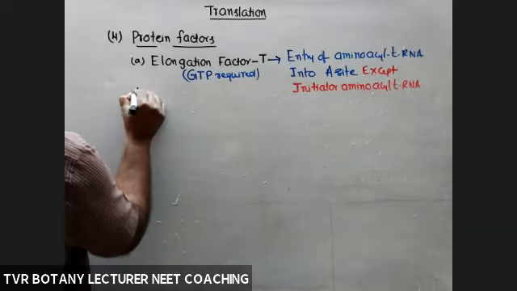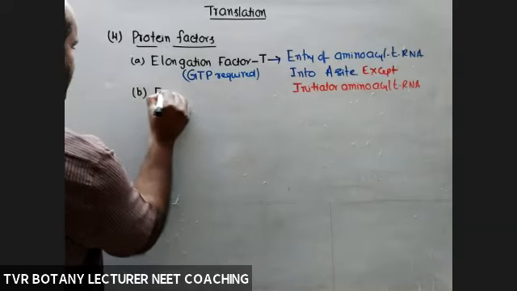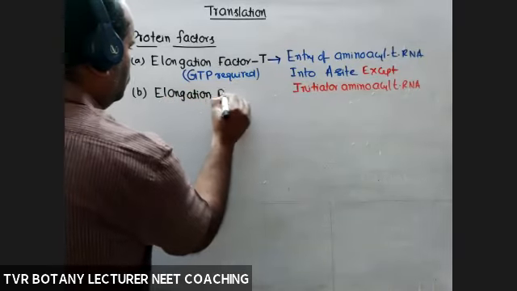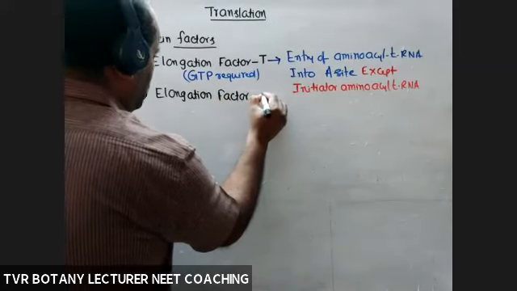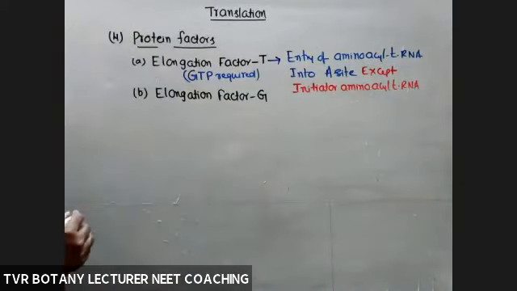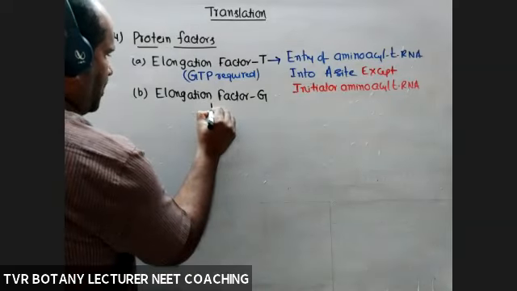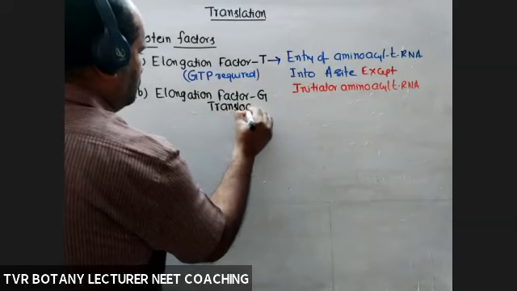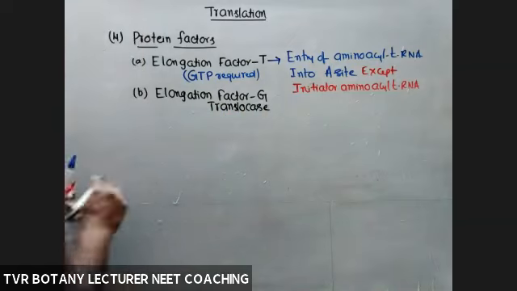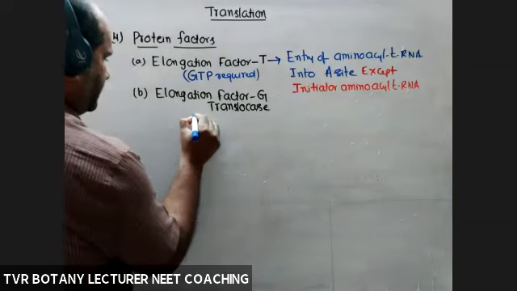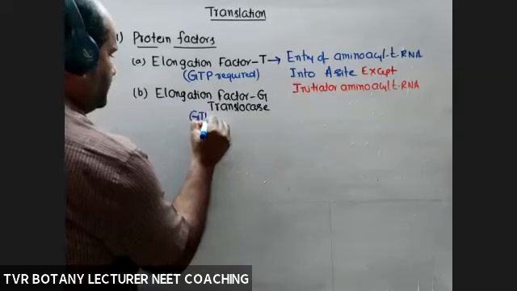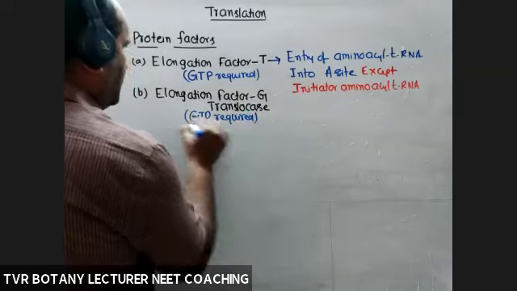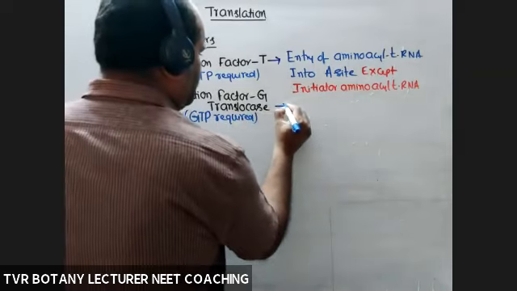Next, elongation factor G. This is also called a translocase. For this factor also, one molecule of GTP is required. And what is the role of this factor?